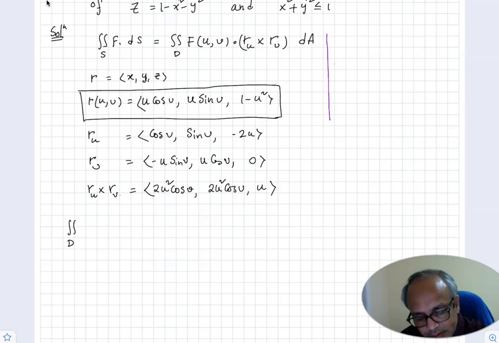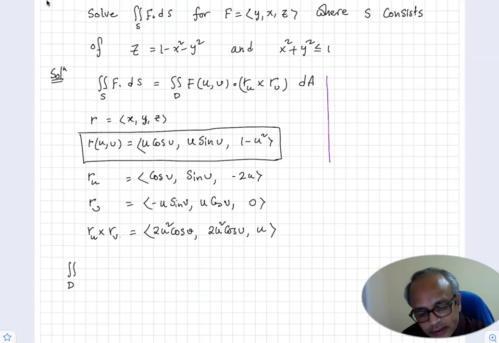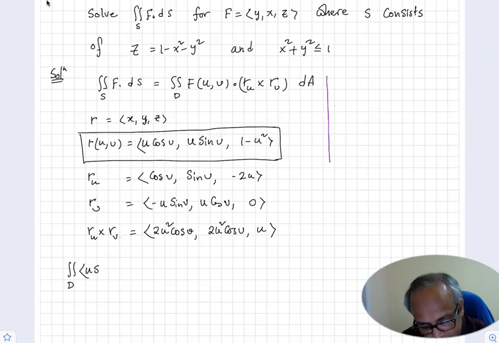So let's write down first the vector field. So look at here, the vector field is y comma x comma z. So y, which is u sin v, comma x, so u cos v, and z is 1 minus u square.